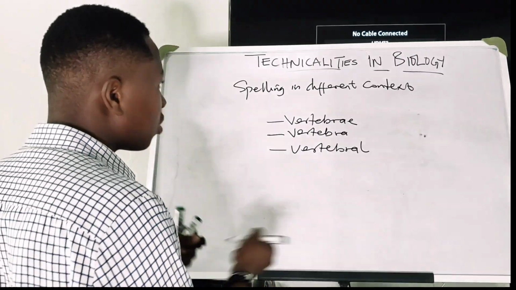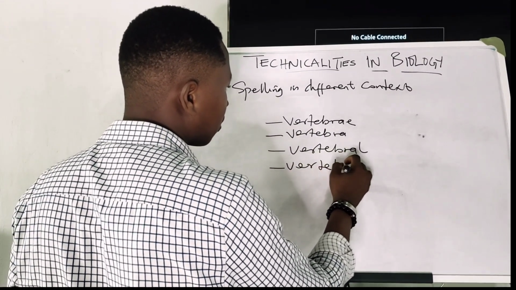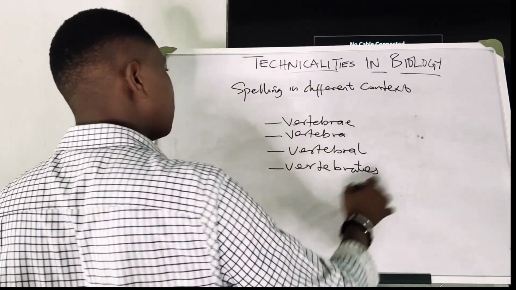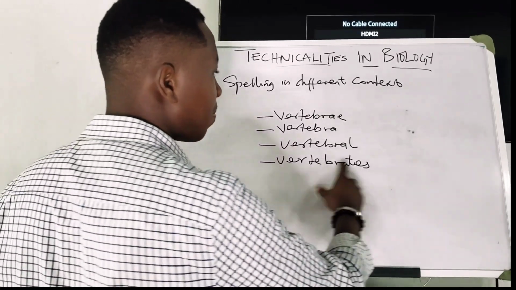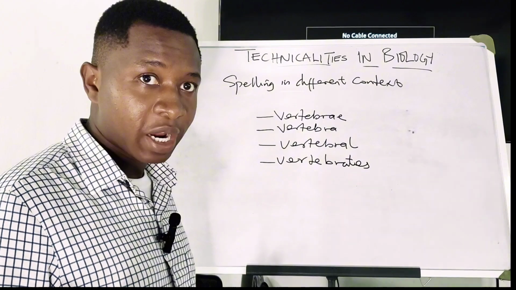Then we also have another one, vertebrate. These are members of this group, this category. You know, vertebrates are organisms that have a backbone, right?